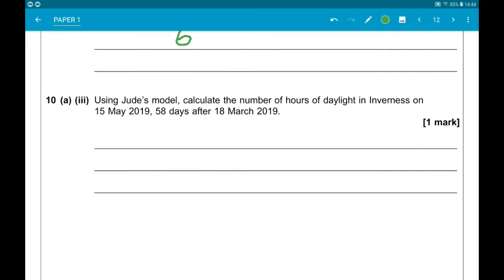Okay, so we're just substituting t equals 58 into n is equal to 12, add 6 sine 58, which to one decimal place is going to give us 17.1 hours.